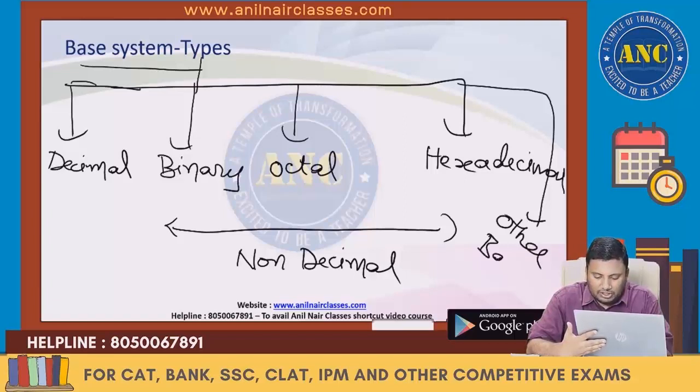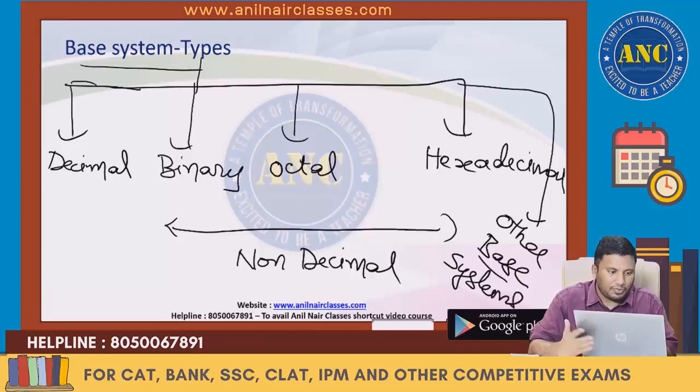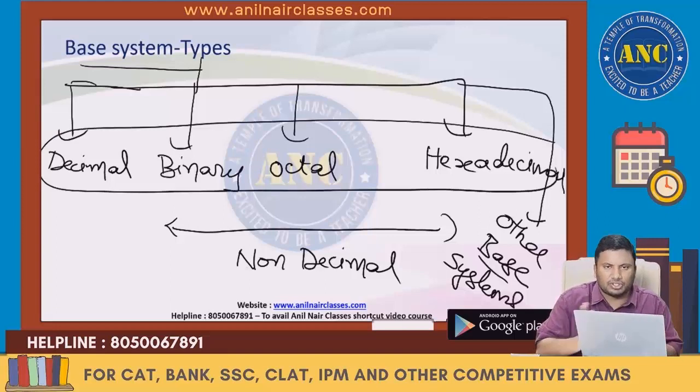Please write down this. So basically these are the 4 types which will be there in all the textbooks. One is a decimal, another is binary, another is octal, another is hexadecimal.